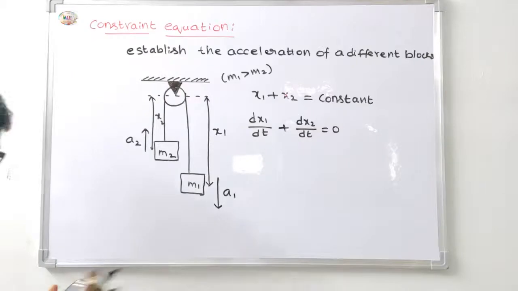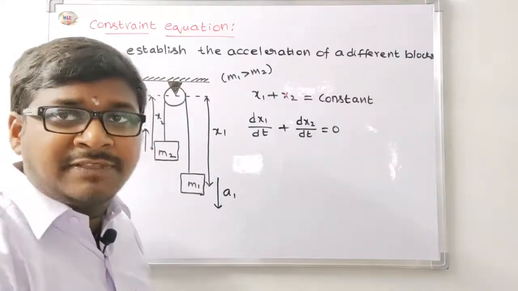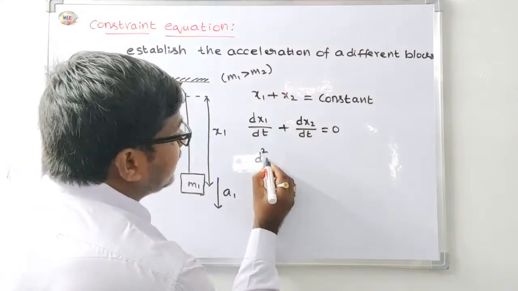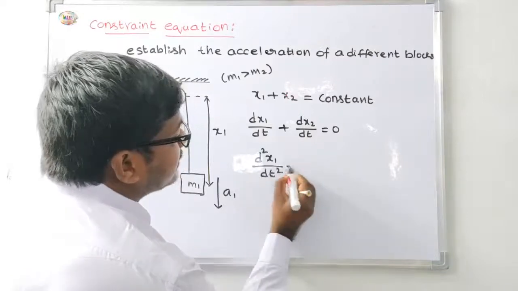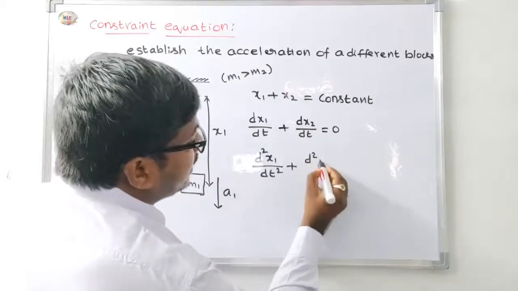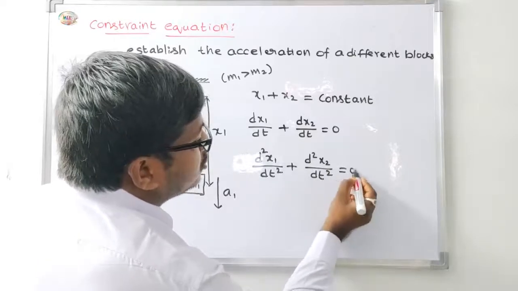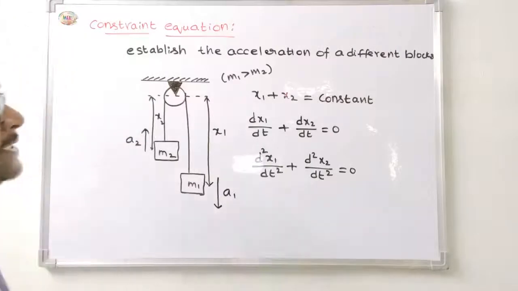Since we have to find a relation between accelerations, differentiate again with respect to time: d square x1 by dt square plus d square x2 by dt square is equal to 0.